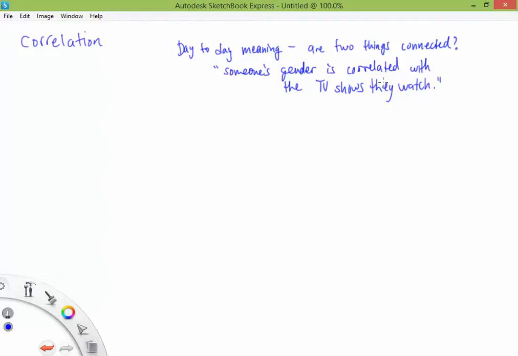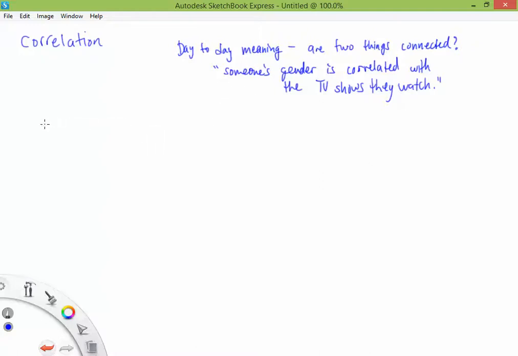So less likely to watch Sports Center, more likely to watch, I don't know, whatever, okay? Of course this isn't true for everybody, but overall we might be able to make generalized statements, okay? So that's the general idea of correlation.